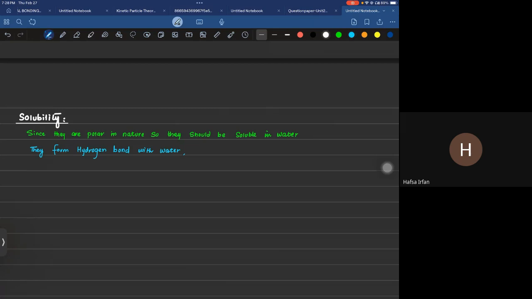How? You can see this. How are they going to form hydrogen bond with water? Since you know that this is partial negative, this is partial positive. This is the water molecule.